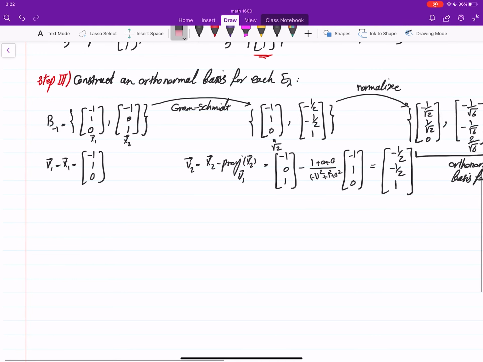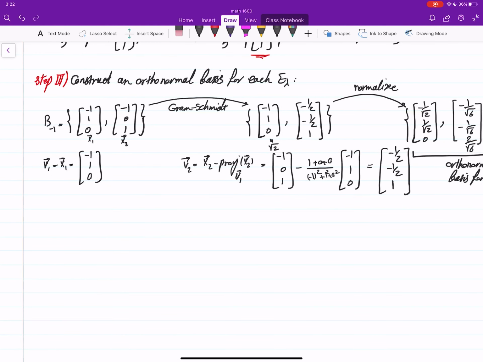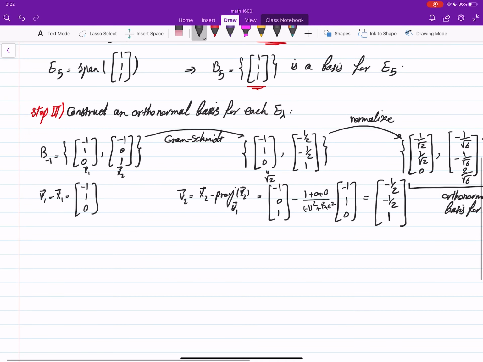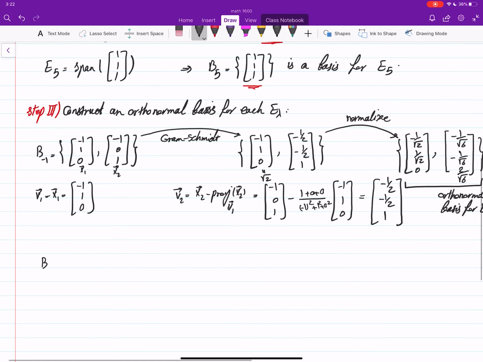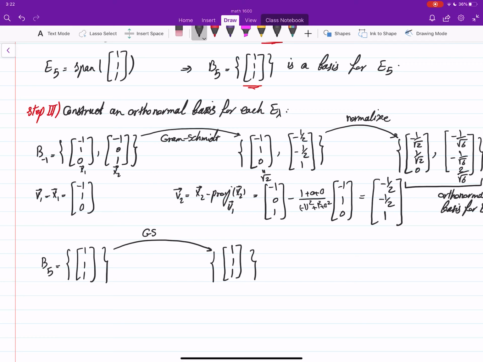Okay, how about the eigenspace of 5? For the basis that we have there is (1, 1, 1). Do we need to do Gram-Schmidt first? Well, you can always do it, but if you have only one vector in your basis, Gram-Schmidt won't do anything, because the first vector is equal to the original first vector in the Gram-Schmidt process.